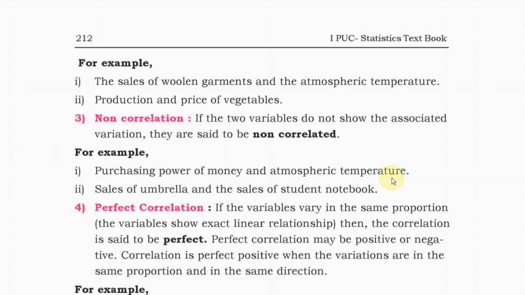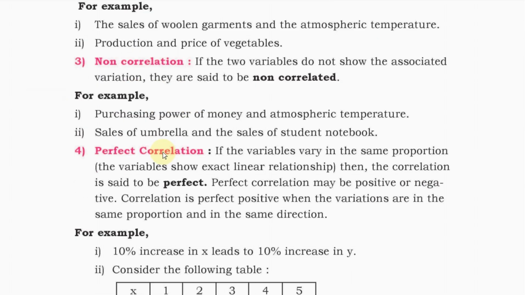The power of your currency and the atmospheric temperature have no relation to each other. Although they keep on changing amongst themselves, they are not related to each other. Or sale of umbrellas and sale of students' notebooks, that also has no relation to each other. Such variables are called non-correlated, and such a correlation is called non-correlation.